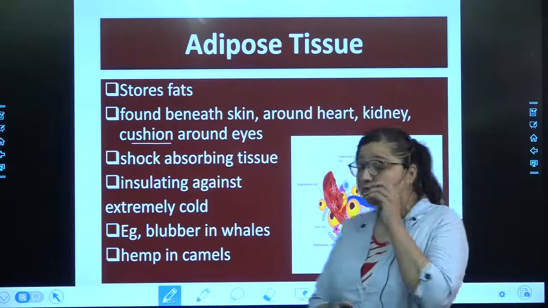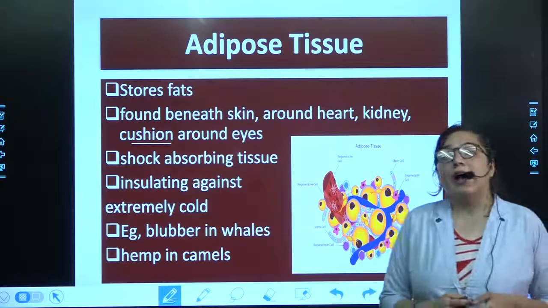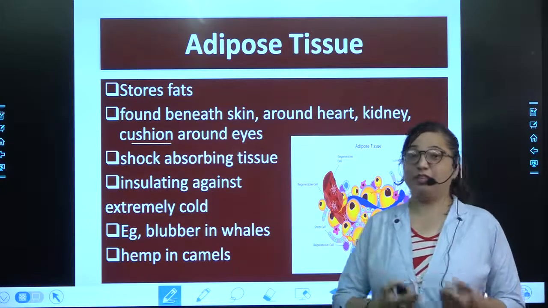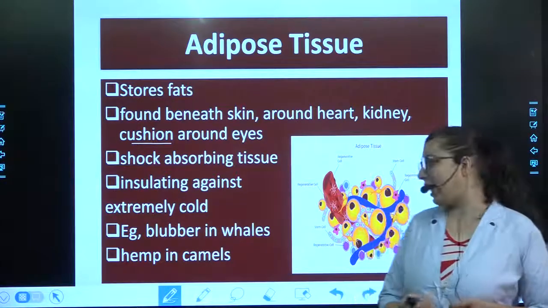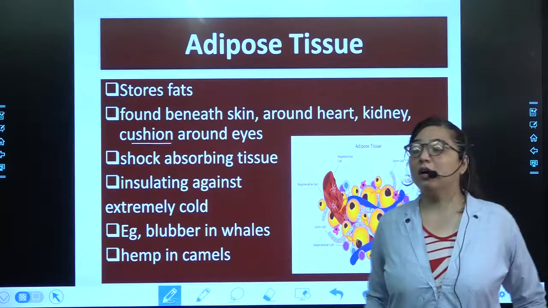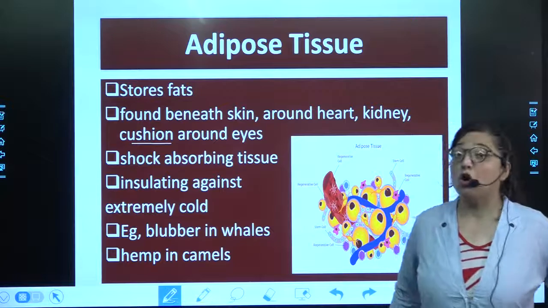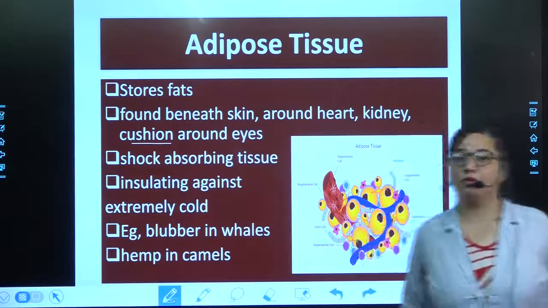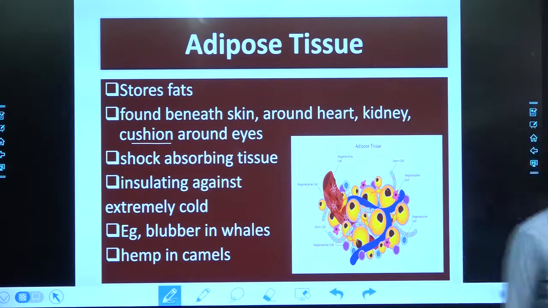Then where is it found? In the blubber in whales, which is one example that is easy to understand, and in the hump in camels. So this is about adipose tissue. Note it down, then we'll move further. Be quick.